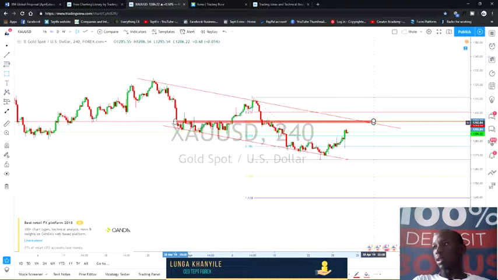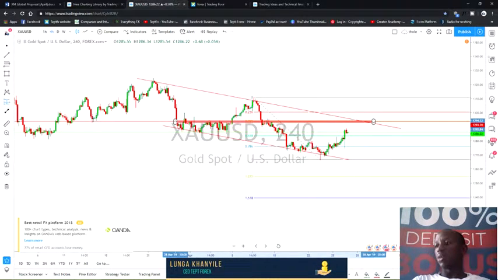So yeah, we're expecting the price to move upward to this area there before maybe taking a short position to create new lower lows right there to our Fibonacci retracement line 1.27.